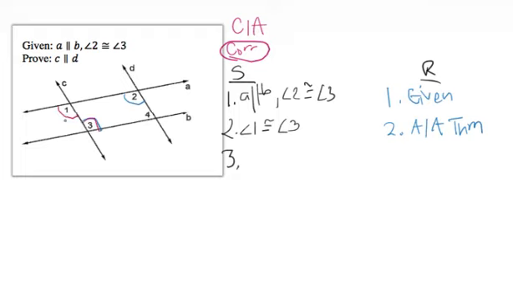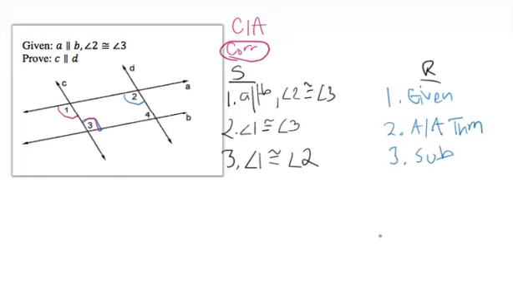Well, if 1 was 50 degrees, that means 3 would be 50 degrees, which means 2 is 50 degrees. So I can substitute. So 1 is actually congruent to angle 2. Why? Because of substitution. So step 3, we have substitution.